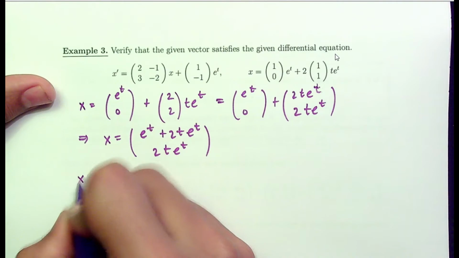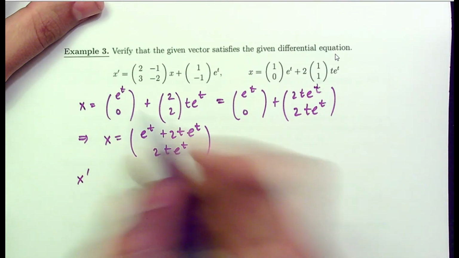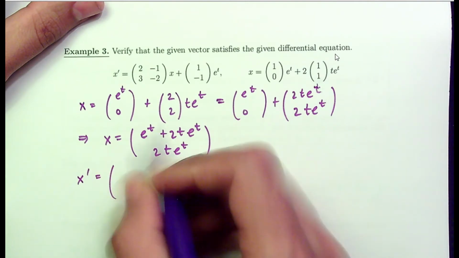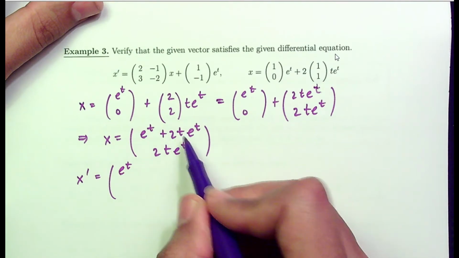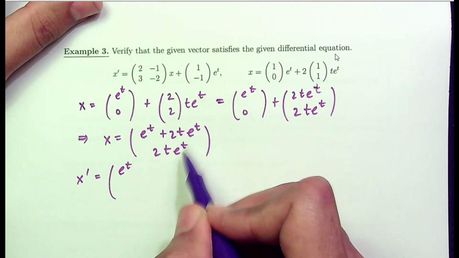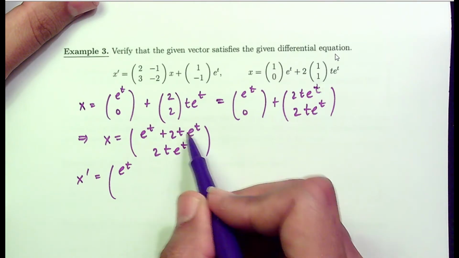Now we have to find x prime, so we can plug it in here. So x prime is going to be the derivative of that. To find the derivative of this, you have to use the product rule. The bottom is exactly the same, so once we do it for that, we can just copy the same thing we get on the bottom.